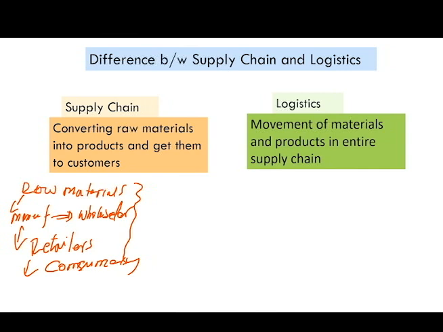So through the system, there is a movement from raw material to manufacturer, including transportation.